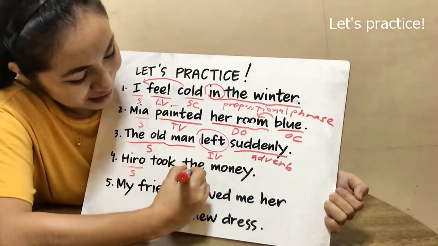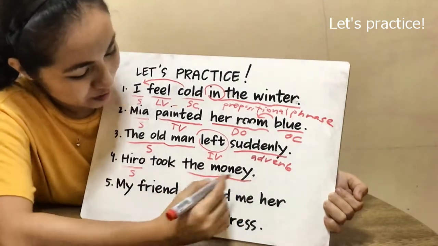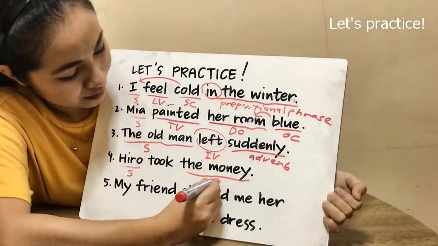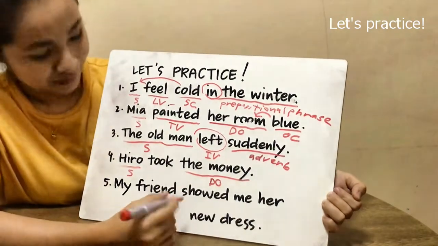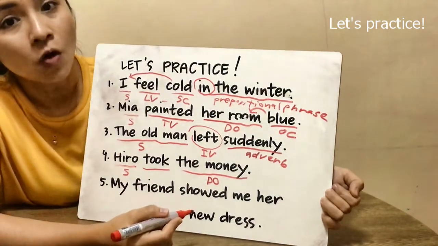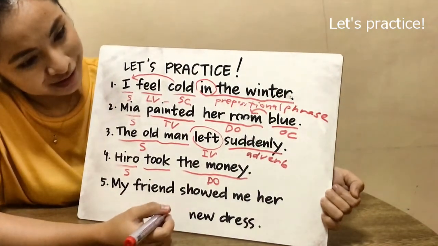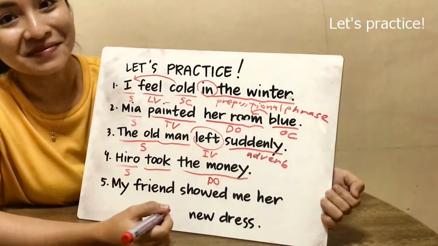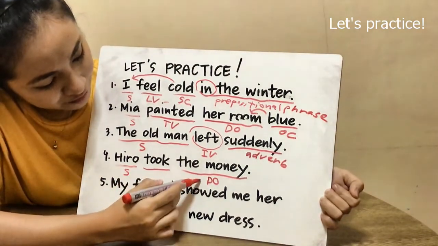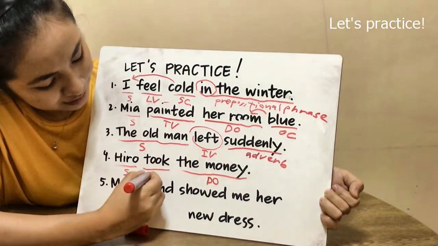So the money is your direct object. And how about took? What kind of verb? Is it transitive or intransitive? Since we have a direct object, this is a transitive verb.